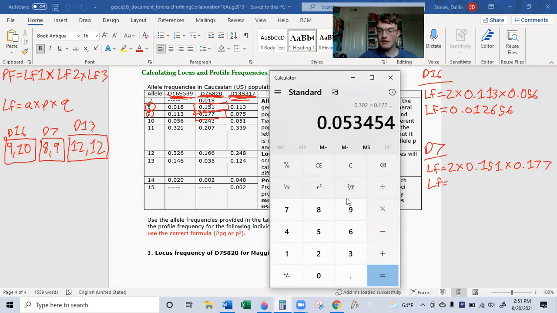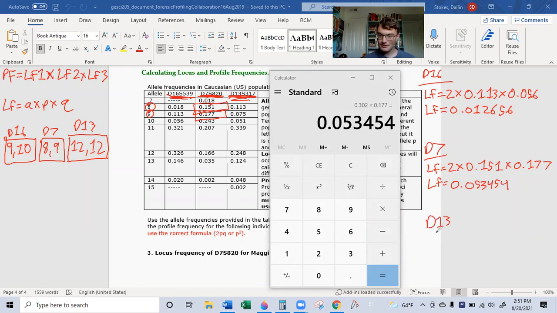You wind up with my locus frequency for having an 8-9 combo at D7: 0.053454. So that's my second locus frequency.